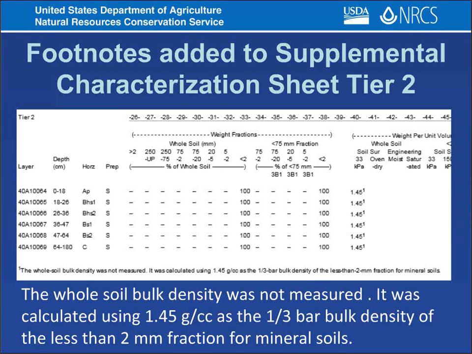So these footnotes allow us to know by looking at the report when this default value was used. So if, for example, a field soil scientist reviews or runs these reports and they find a default value of 1.45 in a footnote for an Oi horizon, an organic horizon, they can notify us and we will remove that information. So this is a good QA/QC tool for our database.